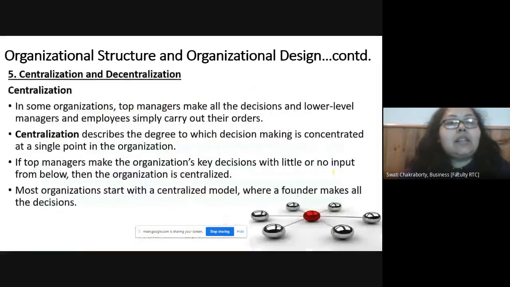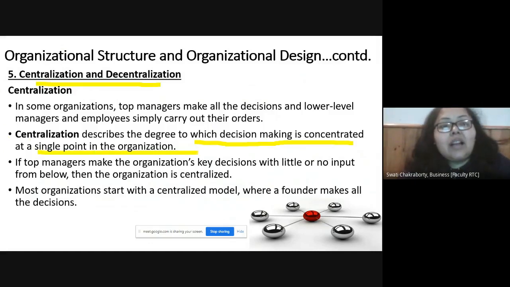Okay. Next we talk of centralization and decentralization. Centralization is where we are talking about the extent of decision-making capacity which is in the hands of our bosses. It is centralized because the top bosses make the decisions, so the employees do not have anything to say in this case.